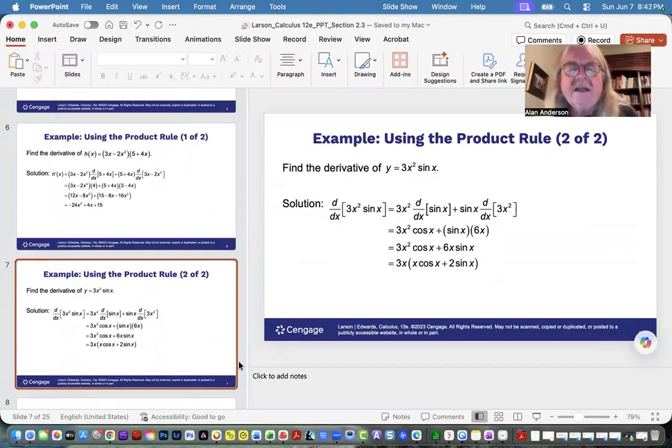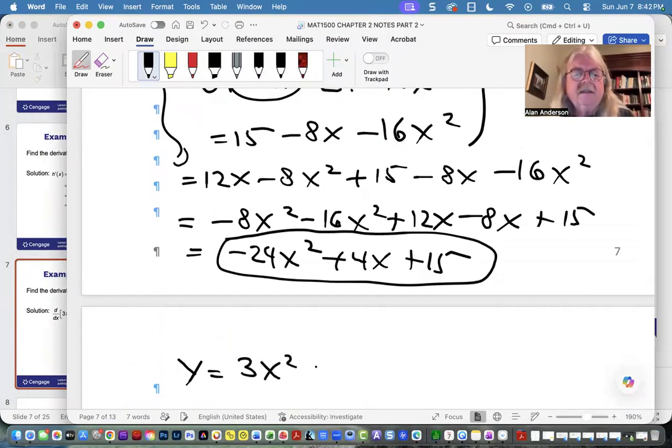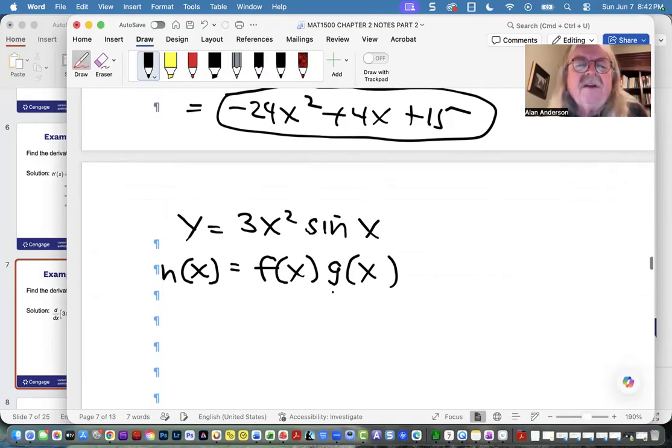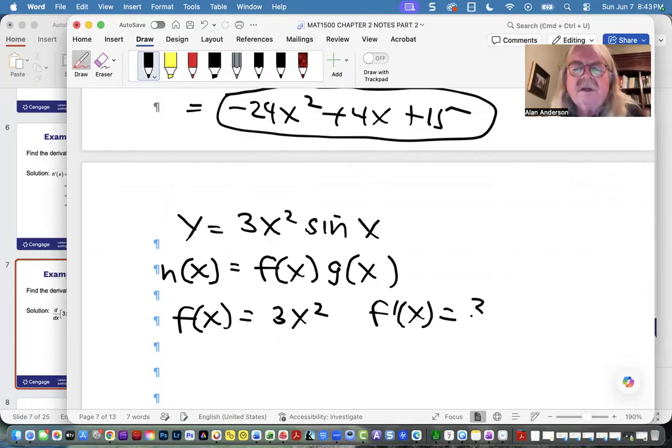What do we have? 3x squared sine x. All right, so now we can think of this. We can rewrite this as h of x equals f of x times g of x. And if f of x is 3x squared, then f prime of x will be 3 times 2 times x to the 2 minus 1, 6x.